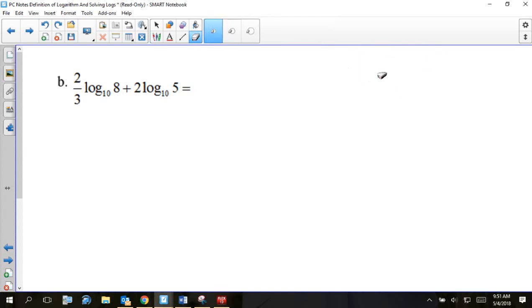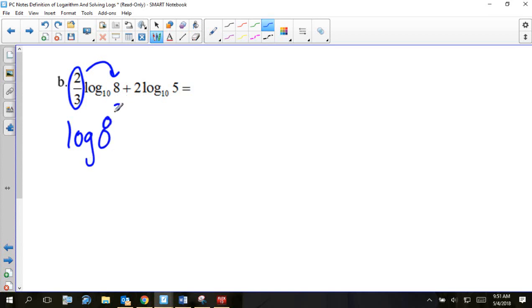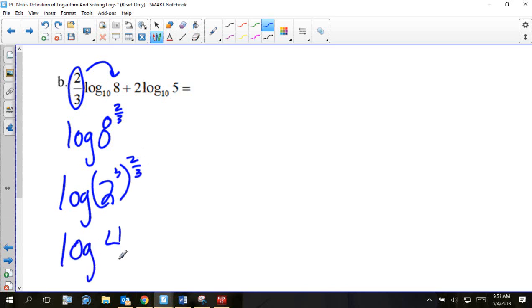Next one. What do we got here? I'm going to have log of 8 to the 2/3. That one's just like what we were doing in yesterday's assignment, the 2/3. So if you rewrite that as 2 to the 3rd, and then 2/3, what does that become here? So we have log 4.